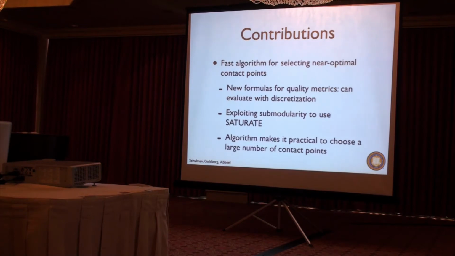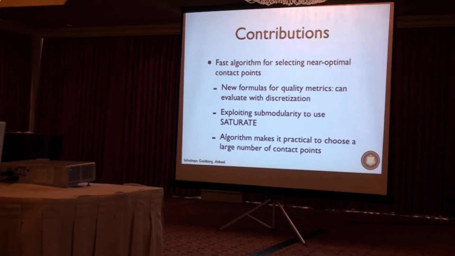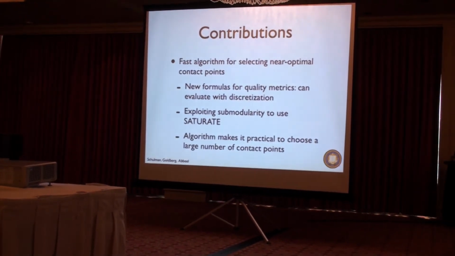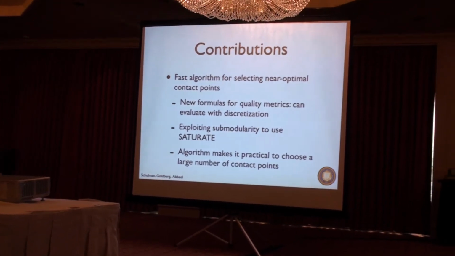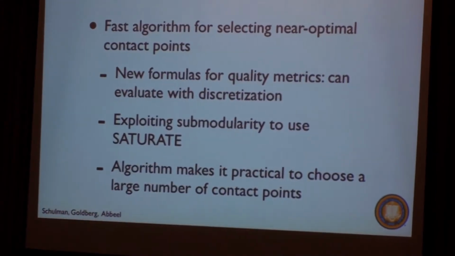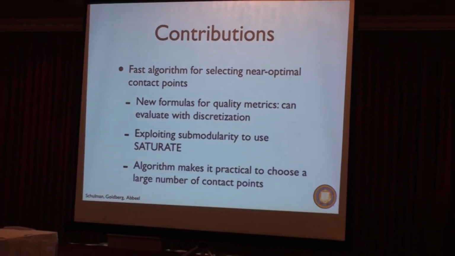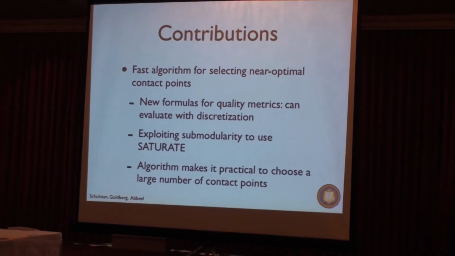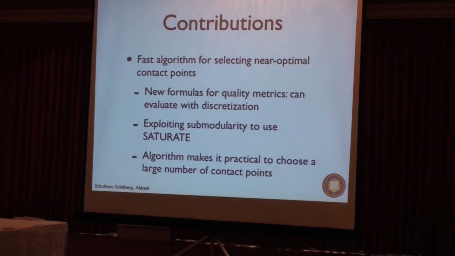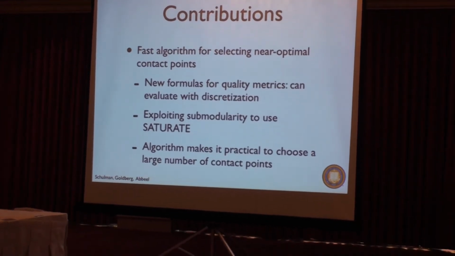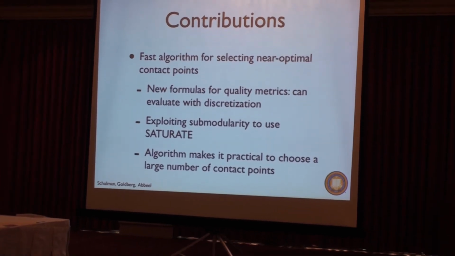So our contributions are as follows. We derive new formulas for the quality metric, and the new formula can be evaluated using a discretization approximation. Then we show that we can use submodularity and the submodular saturation algorithm to efficiently optimize the quality metric.